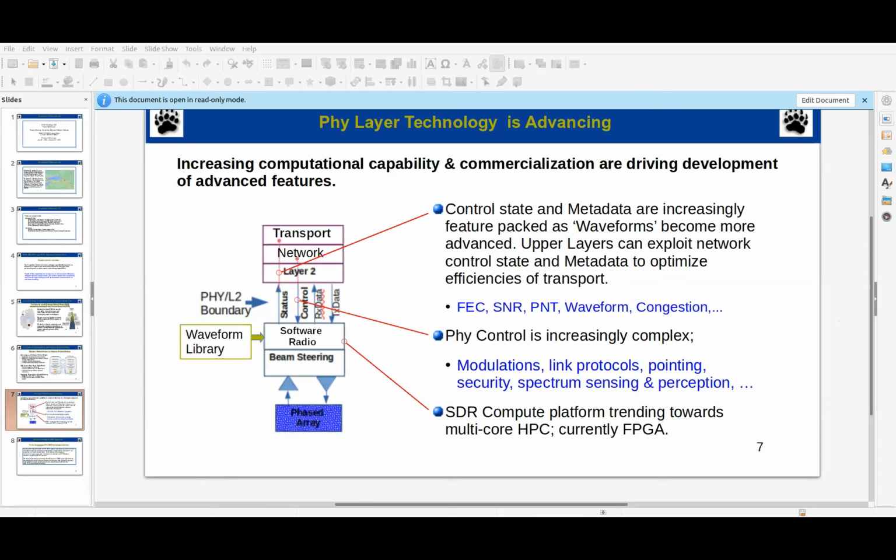What we're envisioning is that future software radios will have a fairly large waveform library. The various waveforms can do things like carry more information, security, private protocols. We also are thinking about link control, what radios can do with that, and in particular, the pointing and security, spectrum sensing and perception. So this leads into cognitive radio.